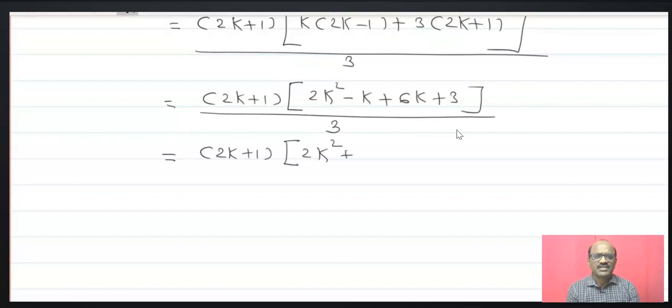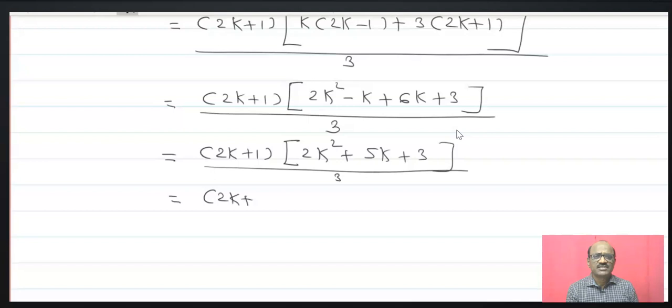Now simplify this, that is, (2k plus 1)(2k square plus 5k plus 3), normal simplification, divided by 3.